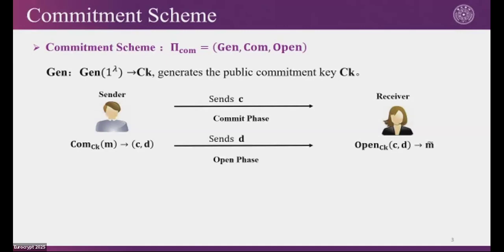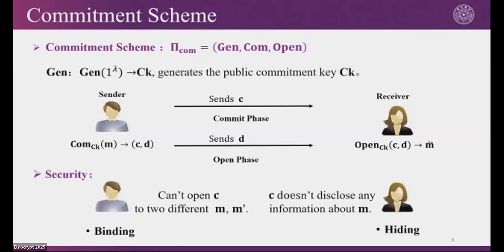In the open phase, he sends the opening value E to the receiver, and the receiver uses C and E to compute the message M. For security, it needs to satisfy hiding and binding. Binding means the sender cannot open the same commitment value to different messages M and M prime. And hiding means the commitment value does not disclose any information about message M.